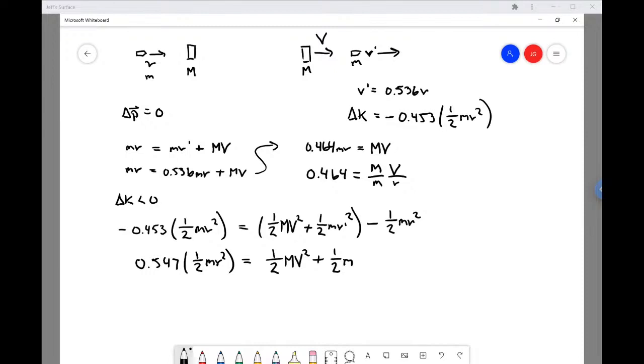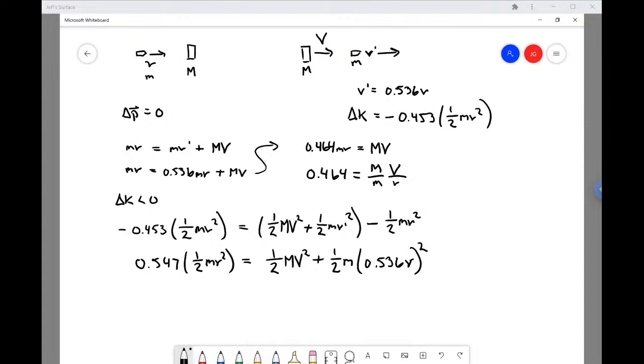And then here, the V prime is 0.536 times V. The V prime is the final speed of the bullet, and it's 0.536 times the initial speed of the bullet.